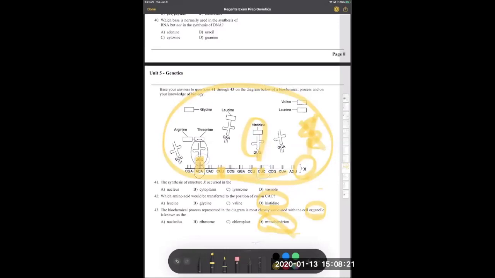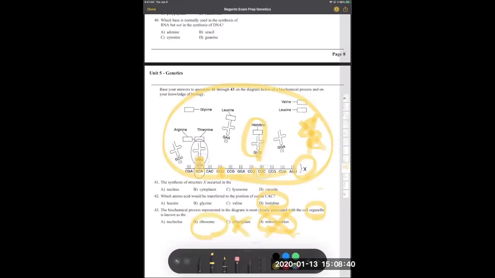So no mitochondrion. Chloroplast. I don't know what that has to do with any of this right now. No. Ribosome. I like that. I like this organelle, and I call it a machine, a device sometimes. I definitely like this answer.